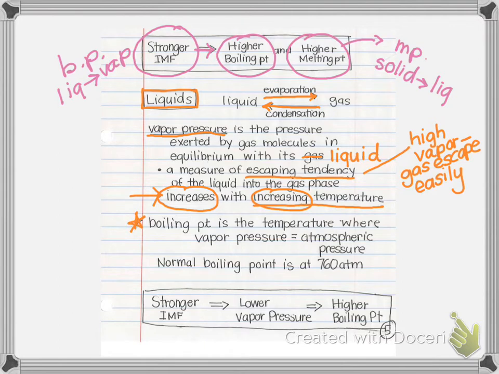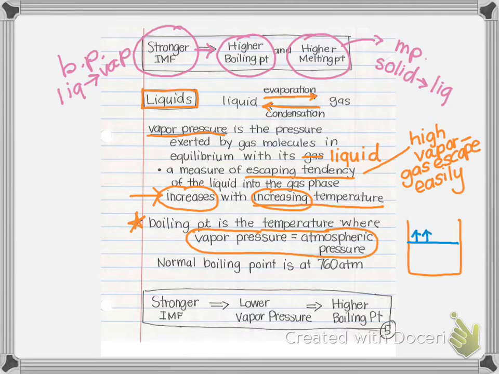The definition of boiling point is the temperature where the vapor pressure is equal to the atmospheric pressure. So let's say I have a container, and inside my container is a liquid, and that liquid has gas molecules that are escaping.